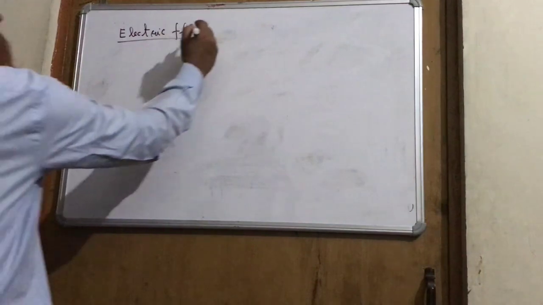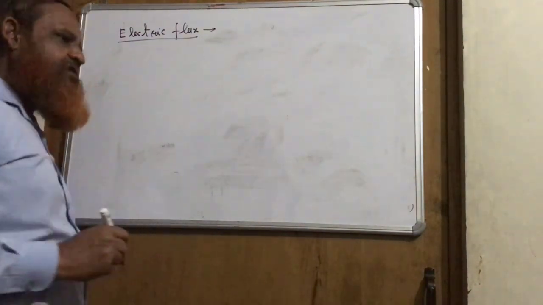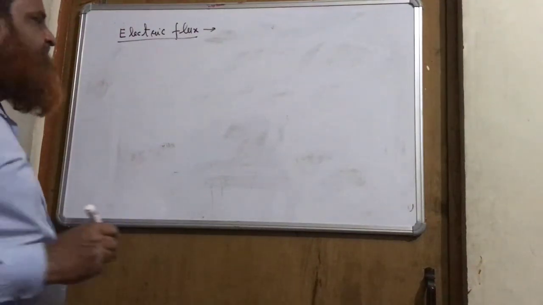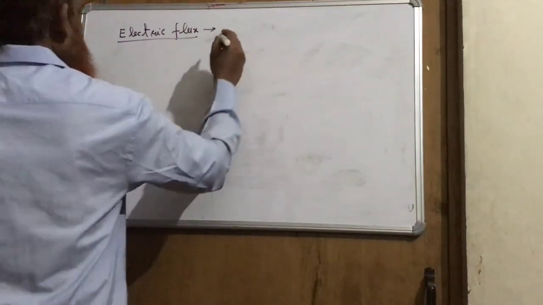Now another term there is electric flux. Electric flux is defined as the total electric field lines passing through any area normal to it.